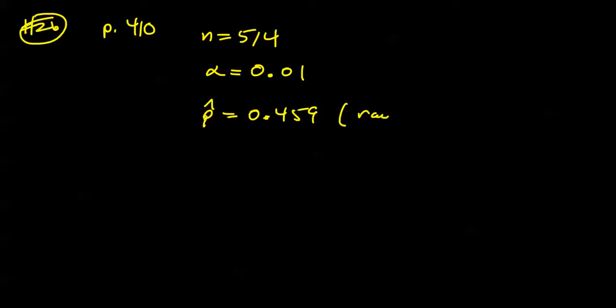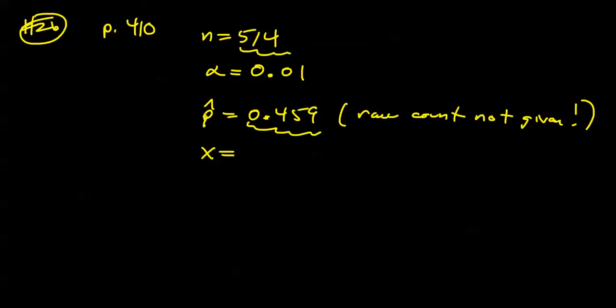Notice, a raw count of those who believe body piercings are red flags is not given. Raw count not given. So we've got to take a little mini step to figure that out independently. X equals, well, what's the raw count going to be? If you've got this proportion in your sample and you've got this many in your sample, X is going to be 45.9% or 0.459 times your sample size of 514.